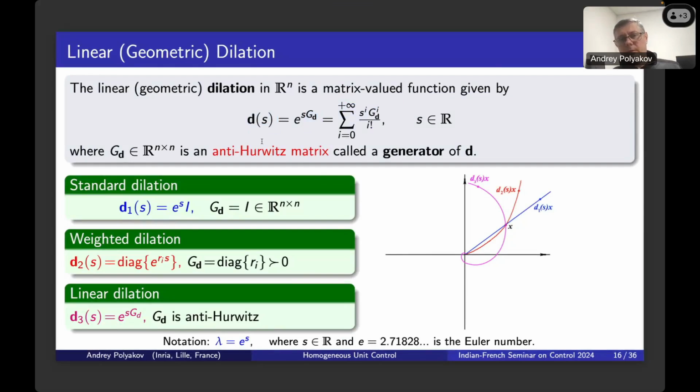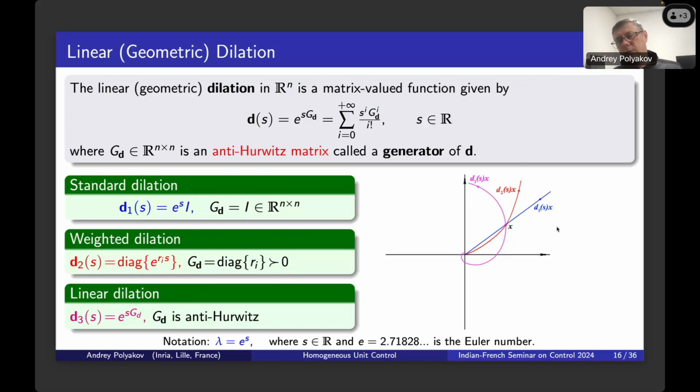Then I will have a linear dilation. In this case, I may cover all the particular cases of dilations, like standard, weighted, just considering the generators: identity matrix, a diagonal matrix, and linear dilations correspond just to any anti-Hurwitz matrix.